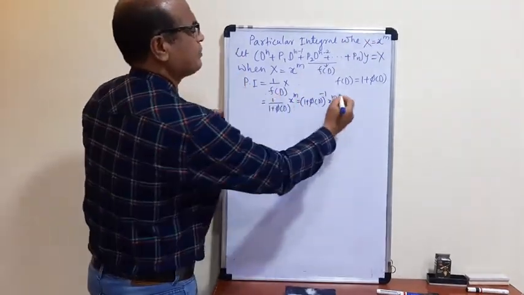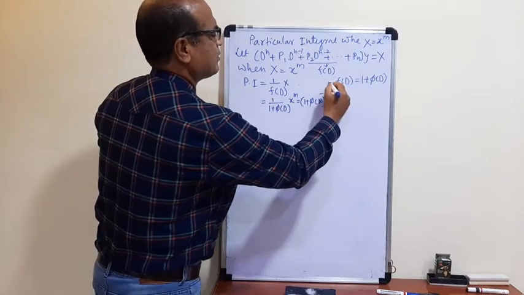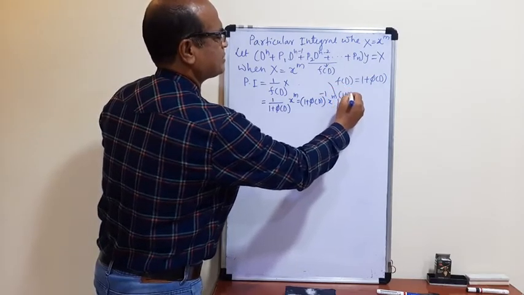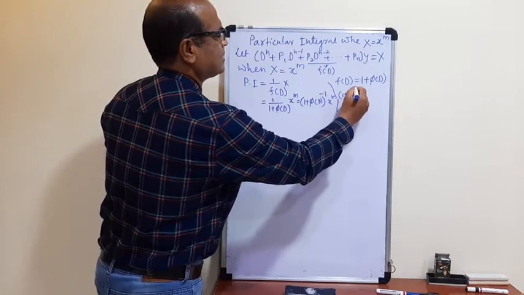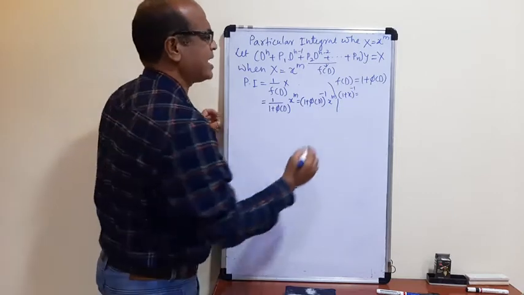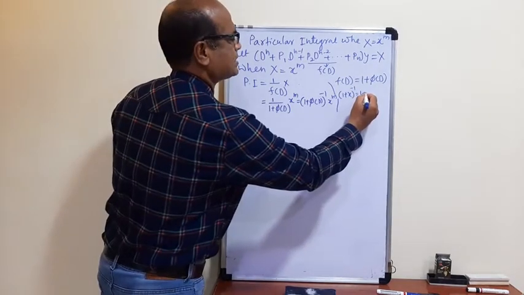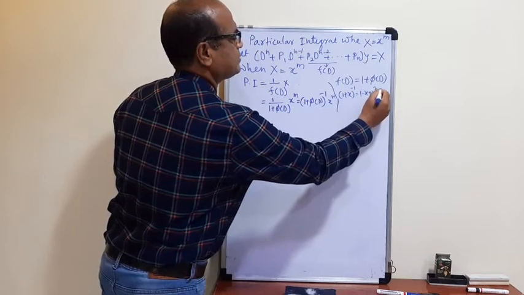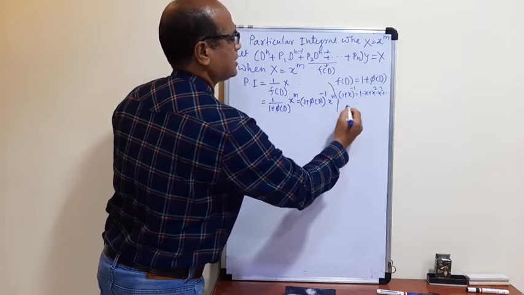But we know the formulas here. The expansion of 1 plus x raised to minus 1 is 1 minus x plus x square minus x cube and so on.